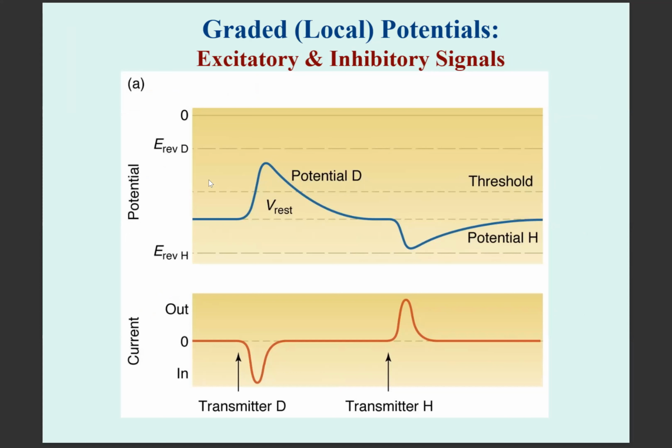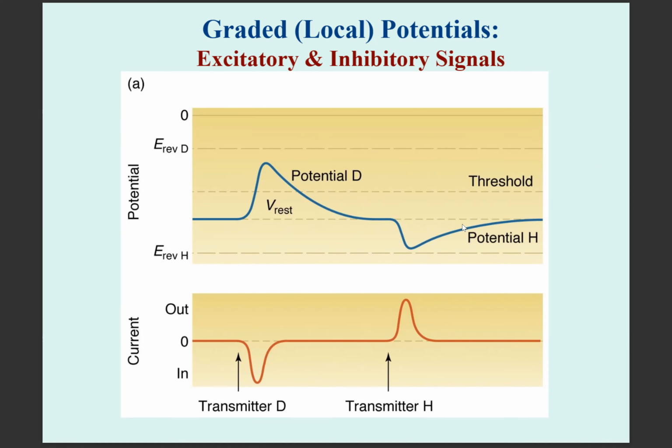So we want to look at the difference between the potentials of excitatory and inhibitory signals. As we said, for excitatory, there is going to be a resting membrane potential where there is an action potential which causes a rise, and then eventually there is a decrease down, and then a rise back into its resting membrane potential.